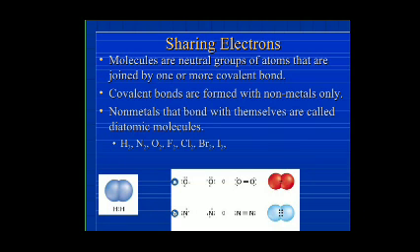Molecules are neutral groups of atoms that are joined by one or more covalent bonds. Covalent bonds are formed with non-metals only. Non-metals that bond with themselves are called diatomic molecules.